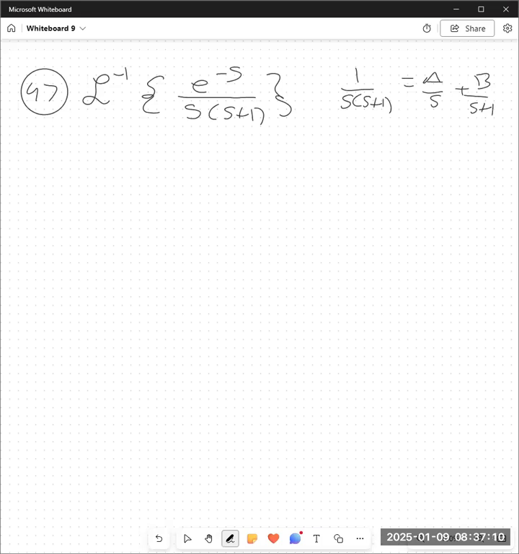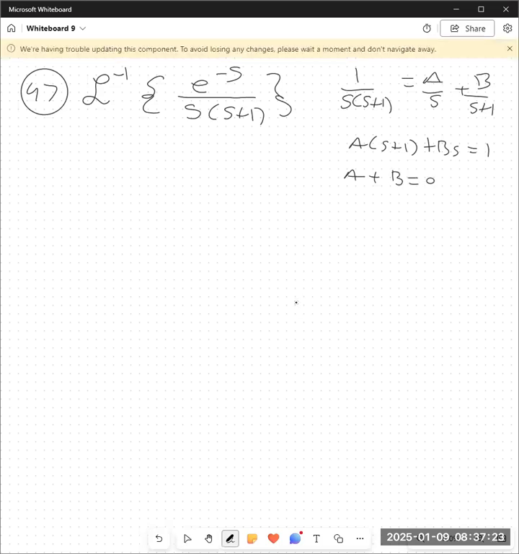So I have A times s plus 1 plus Bs is equal to 1. A plus B equals 0, and A equals 1, which means B is negative 1.